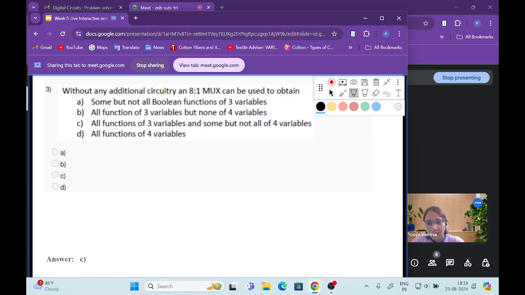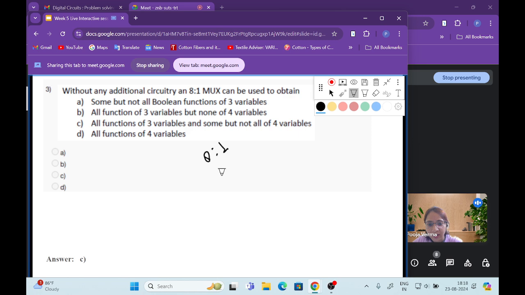So here an 8:1 mux is given and no additional circuitry is given. So how many Boolean functions can we implement?